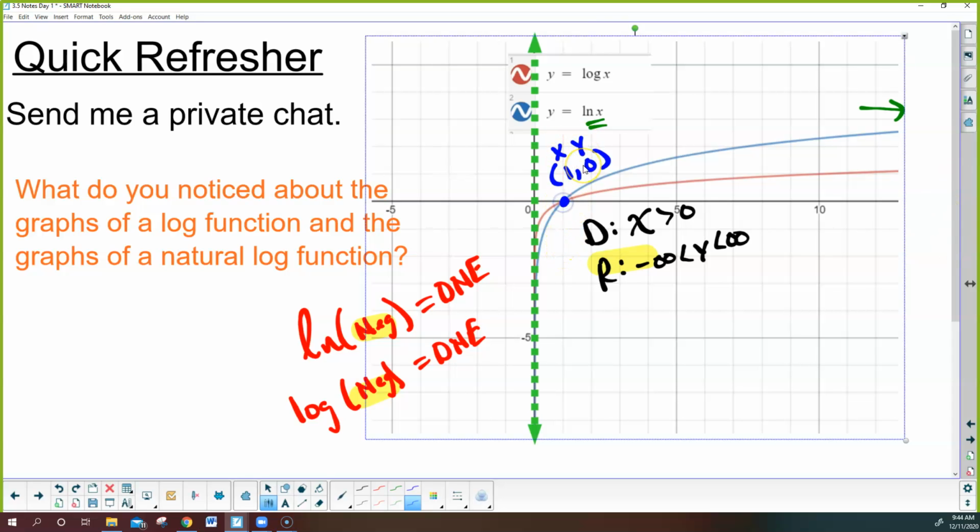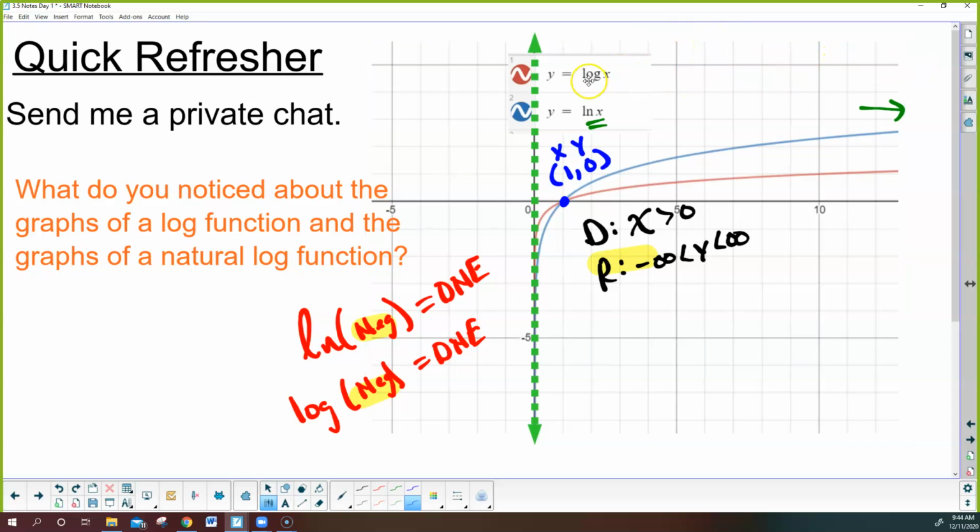Right? So that's a very common point. The log of 1 is 0, and the natural log of 1 is 0. And we actually explored that when we did the change from log to exponential form, because anything to the 0 power is 1. And that's the idea that this is introducing.